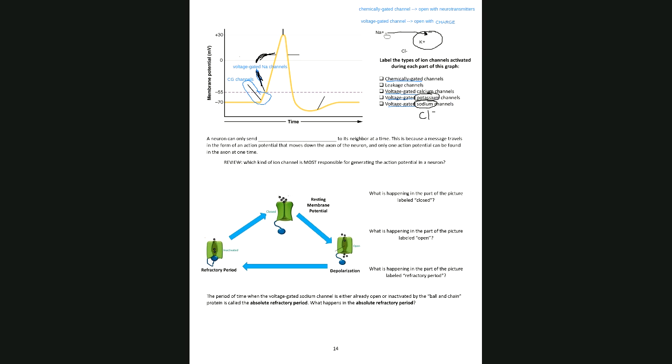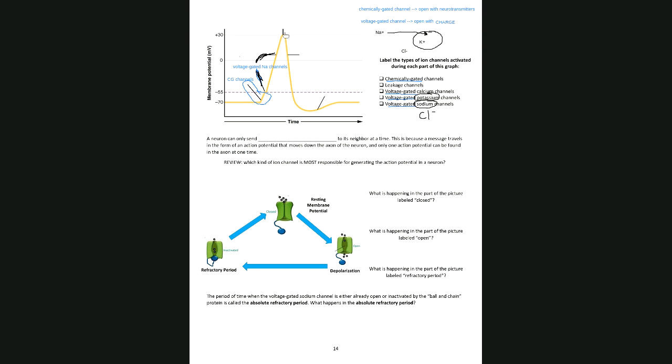So I bring a bunch of positive charges inside the cell. That's why when I open these channels, see how they make my membrane charge go up, up, up really fast. So voltage-gated sodium channels open when the charge is right, and when they open, they bring sodium inside, which makes the membrane charge get really positive.